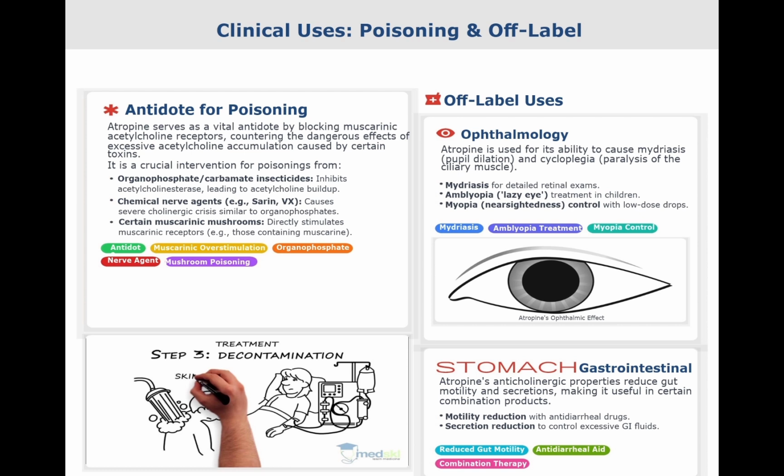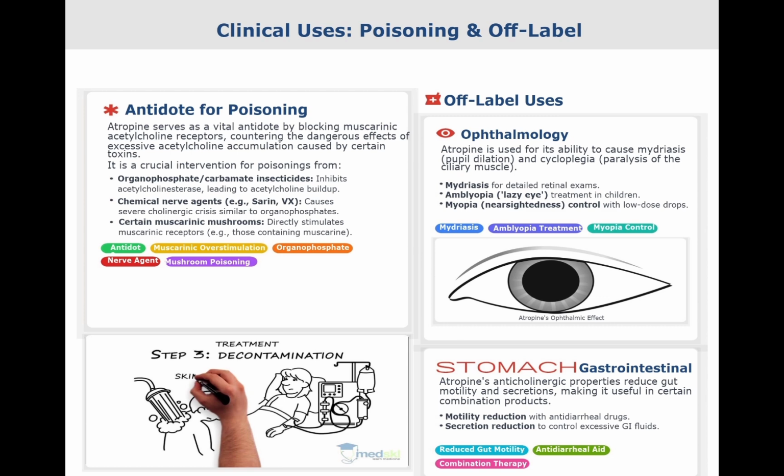It's also employed in pediatric ophthalmology to treat amblyopia or lazy eye by penalizing the stronger eye, and increasingly in very low concentration to slow the progression of myopia or nearsightedness in children. Less commonly now, it has been combined with other agents to reduce gastrointestinal motility for conditions like irritable bowel syndrome or diarrhea.